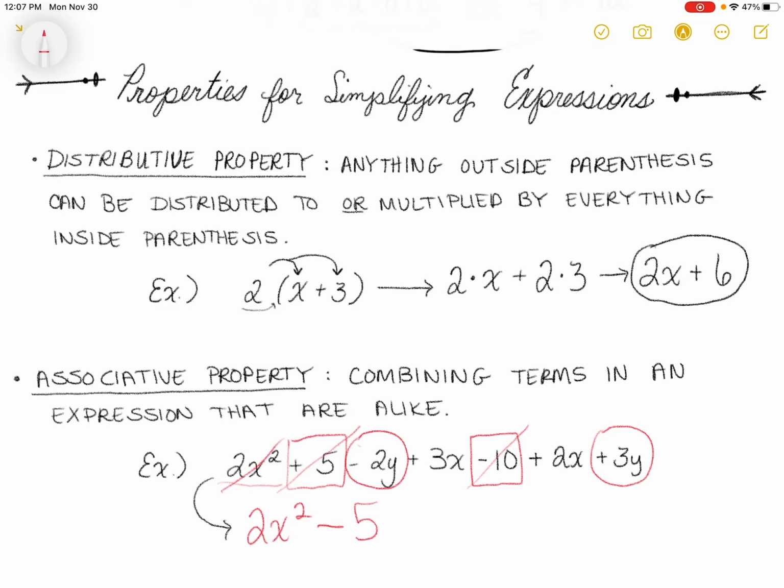It is positive 1y. And the last ones that I come to are positive 3x and positive 2x. 3 plus 2 is 5.